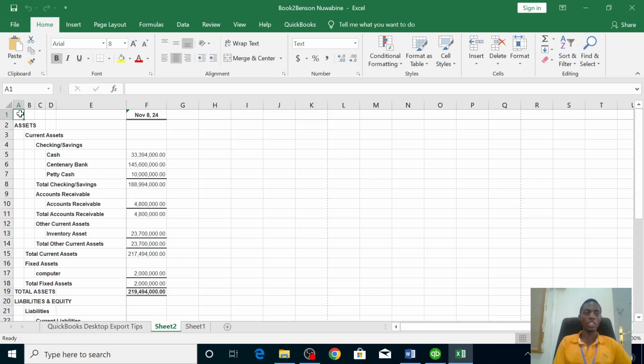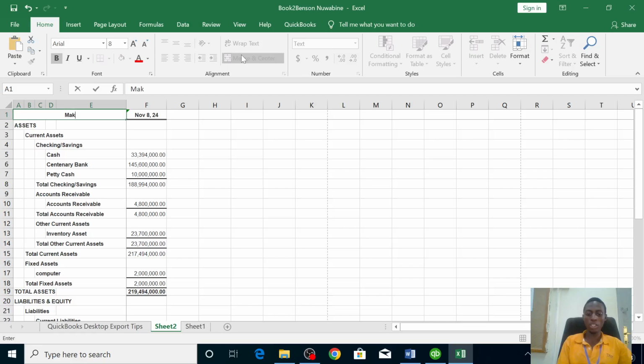I can give it a title. First highlight, merge and center as Mark Traders Company Limited balance sheet or statement of financial position.